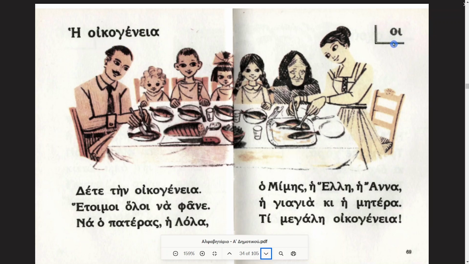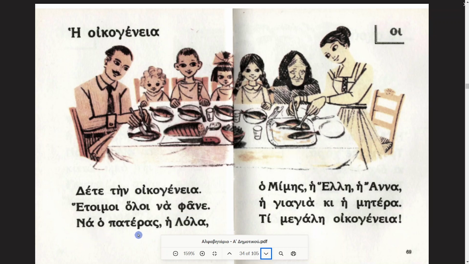Οικογένεια. Here we have the combination omicron iota making the long E sound. Δέτε την οικογένεια. Look at the family. Έτοιμοι, all of those omicron iotas making a long E. Έτοιμοι όλοι να φάνε.